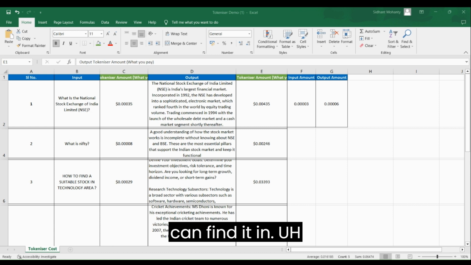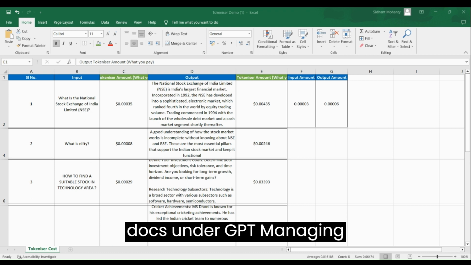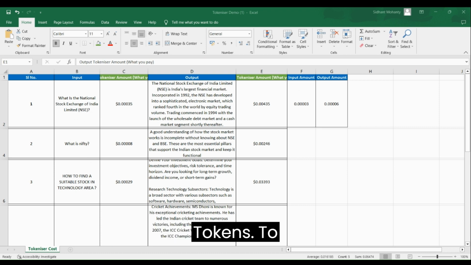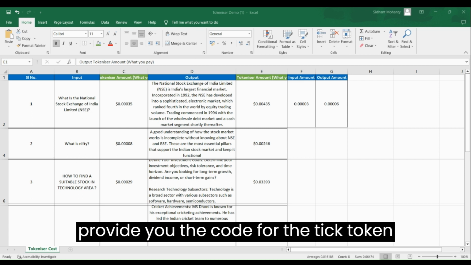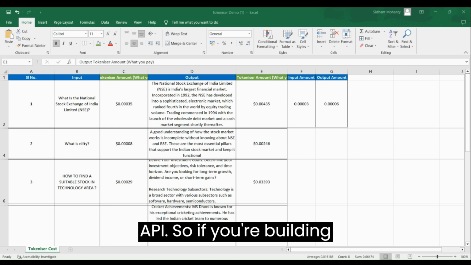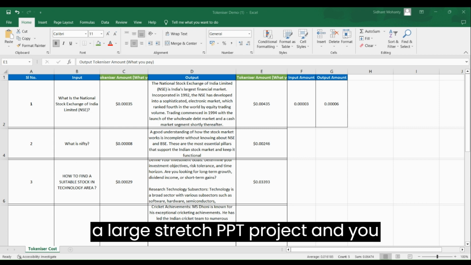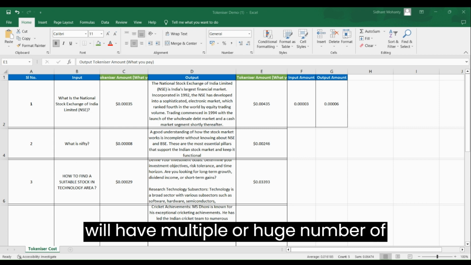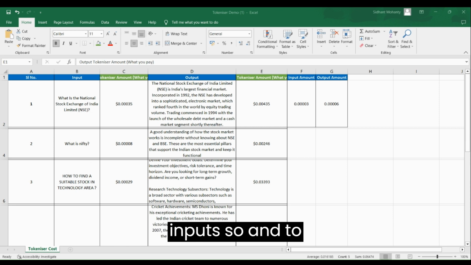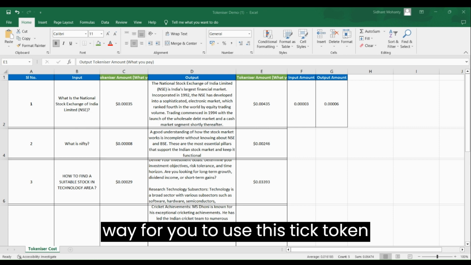You can find it in the docs under GPT, managing tokens, tiktoken. This will provide you the code for the tiktoken API. So if you're building a large ChatGPT project and you will have a huge number of inputs, to calculate tokens, this will be the faster way for you to use this tiktoken API.